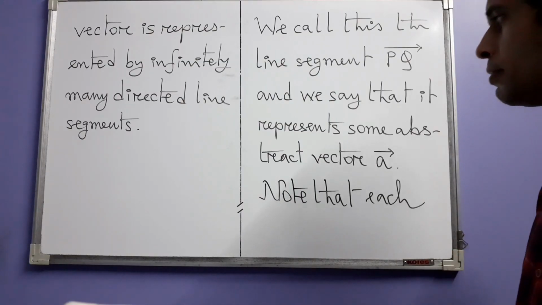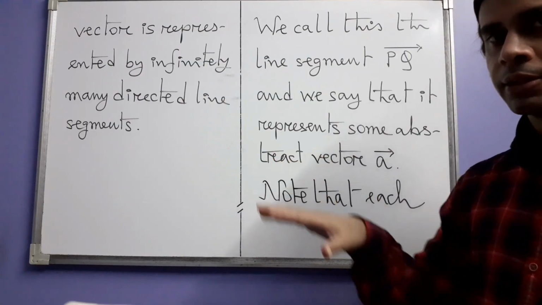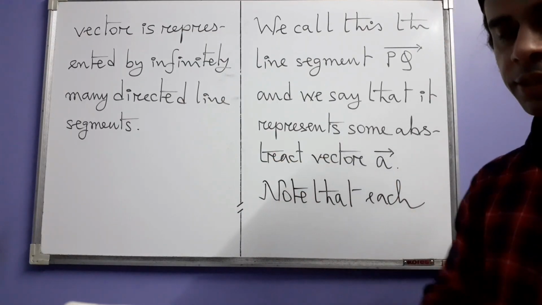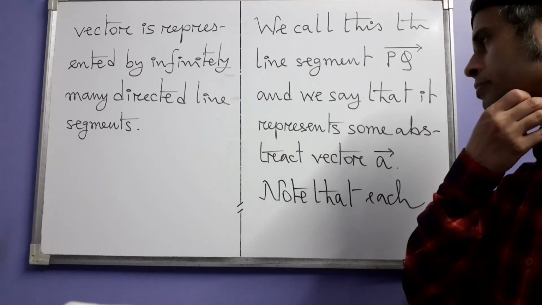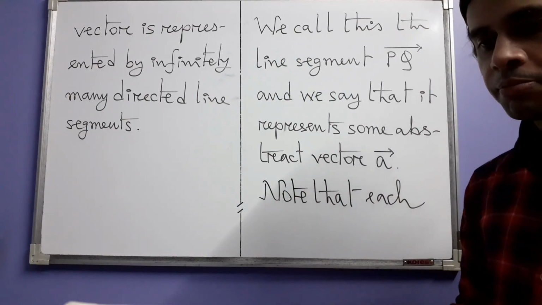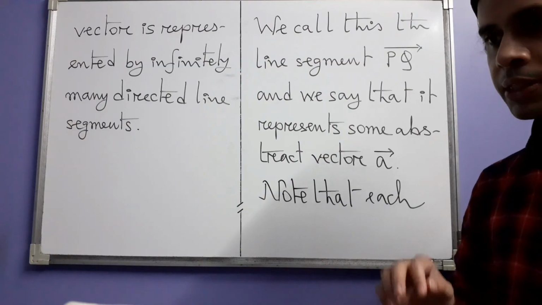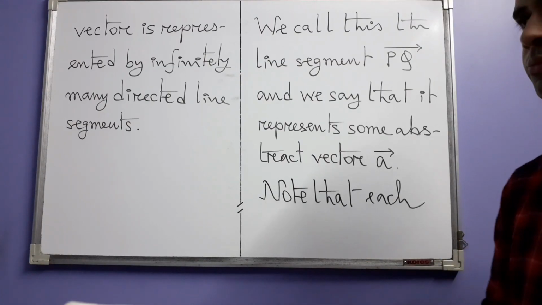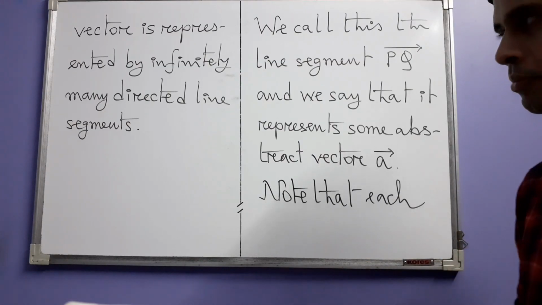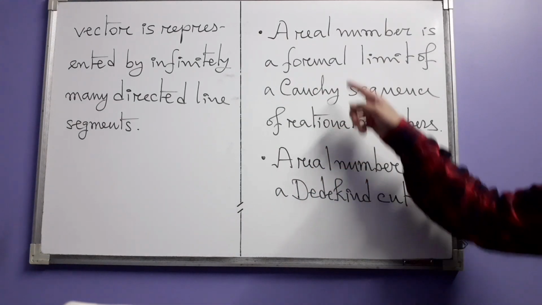Alright. Now we are coming to the end of the discussion for this video. It will continue of course. Let me give you an example of two different models of something that we already know, real numbers. Those two models are these.